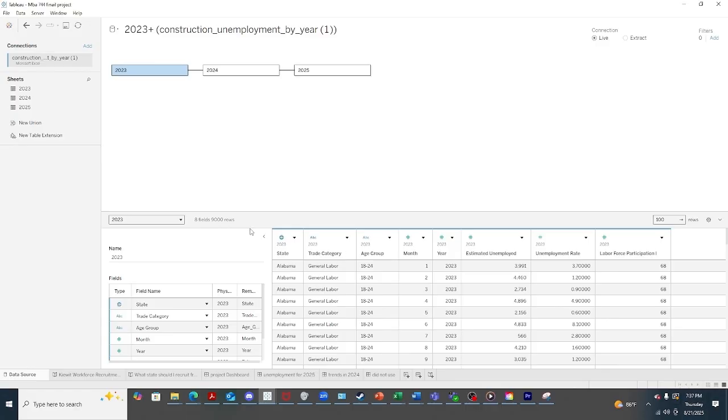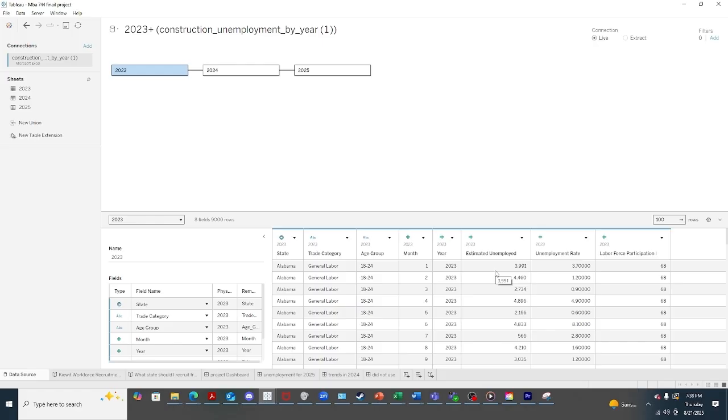The data sources that I chose to use were BLS, the U.S. Bureau of Labor Statistics, which provides the core unemployment and labor force data used in this project, specifically the Local Area Unemployment Statistics data sets, used to capture state-level unemployment rates and labor force estimates.